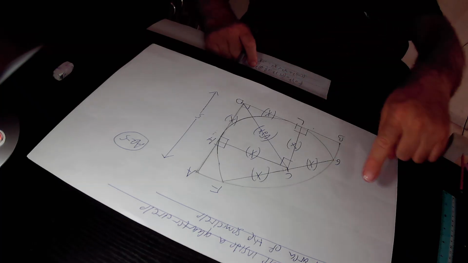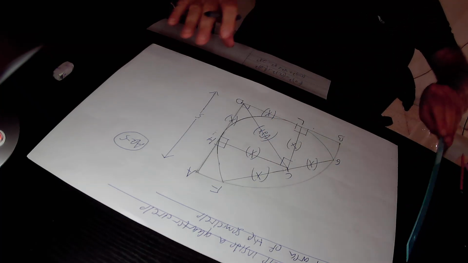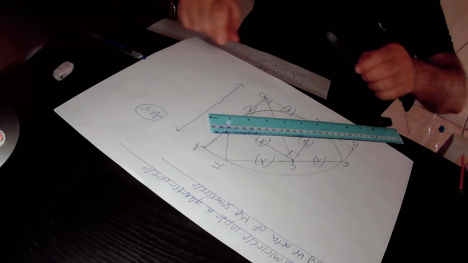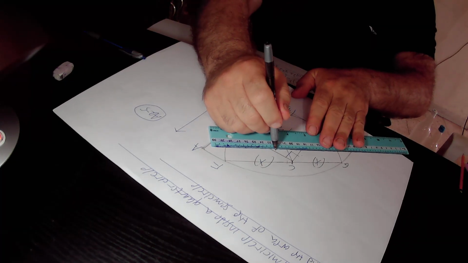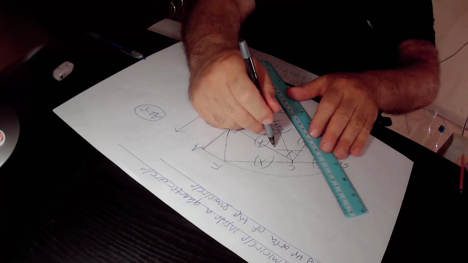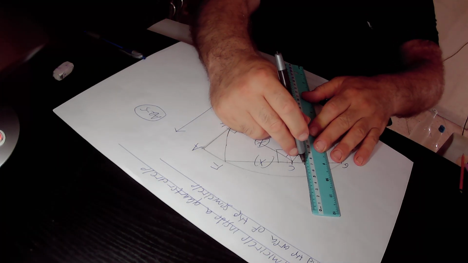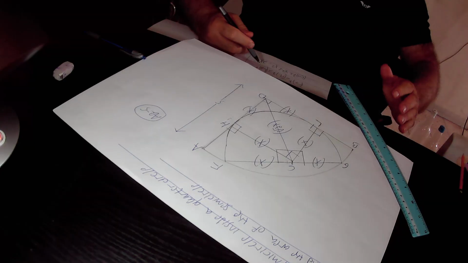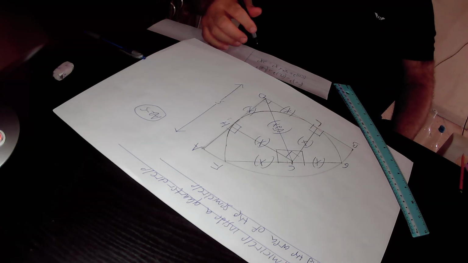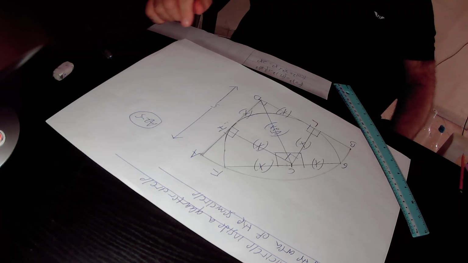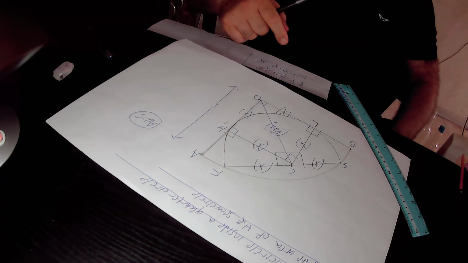If OC is perpendicular to FG, it means that this angle equals 90 degrees and this angle also equals 90 degrees according to rule 7. In the next step, we will join points O and F together by a straight line.